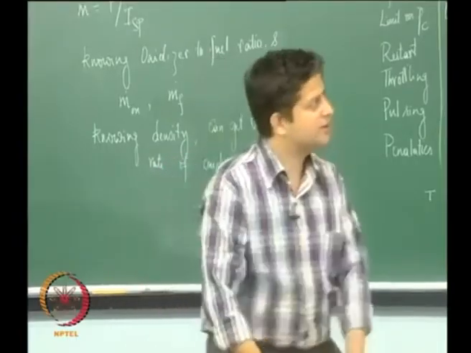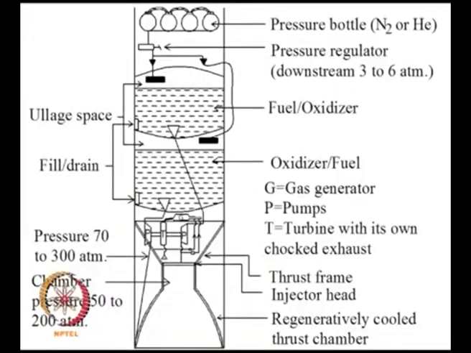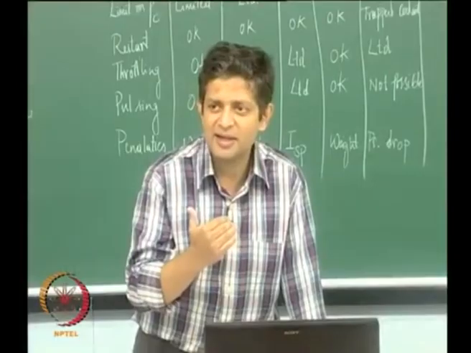Now if you look at this design here, you are not going to fill the tanks completely because then there would be no space for the pressurant to act. So you are going to have a small amount of volume that is left unfilled, through which the pressurant can act, right.